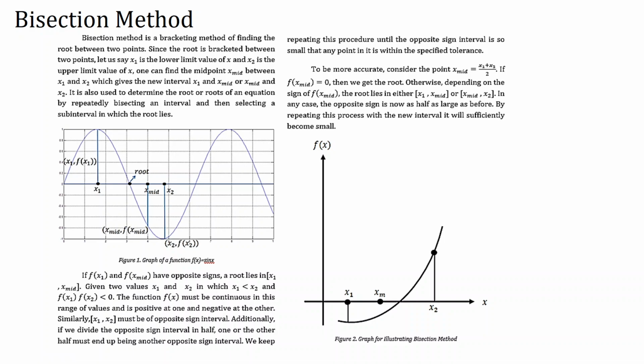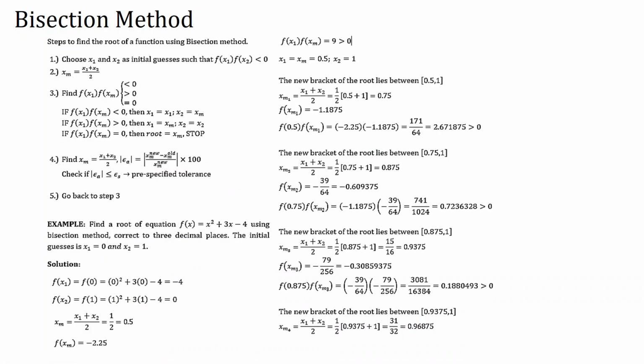To shortcut how to solve using the bisection method, I have shown the steps here to find a root of a function using the bisection method. Number one, choose x1 and x2 as initial guesses such that f of x1 multiplied by f of x2 is less than 0.